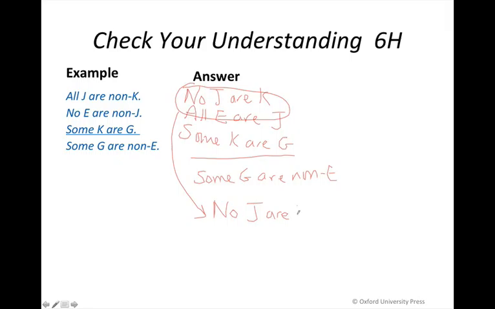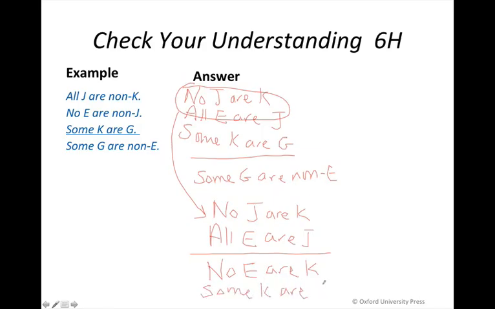No J are K, all E are J. The J, the middle term, drops out, and we end up with no E are K. Our third, but now our second premise in this second part of the argument is some K are G. All right, let's clean this up and see what we've got.